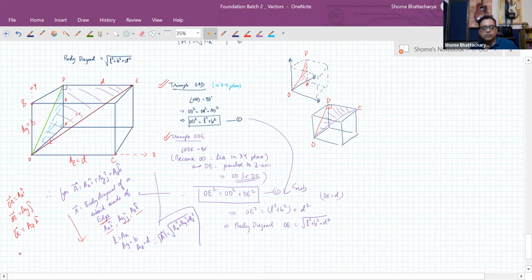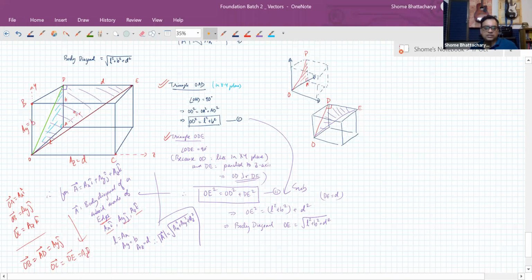Okay. So you can also see that in terms of vectors, the vector OB is the same as this vector AD. They're both the same thing. They are both ay j cap. Similarly, the vector OC is the same as the vector on the other side DE, which is az k cap.